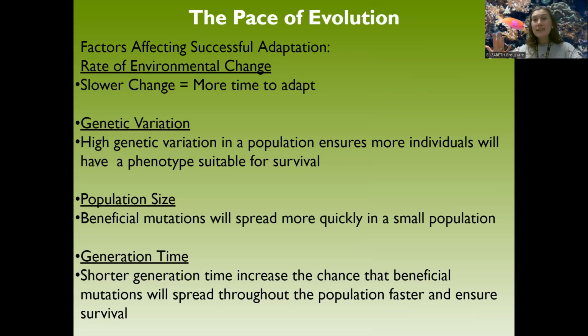An insect with a generation time of 5 days will go through 100 generations much faster than an elephant, with a generation time of a dozen years, which would take a couple of decades. So how quickly those generation times pass affects the speed that mutations and beneficial traits spread in the population.